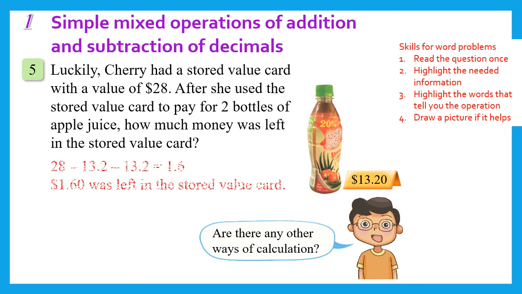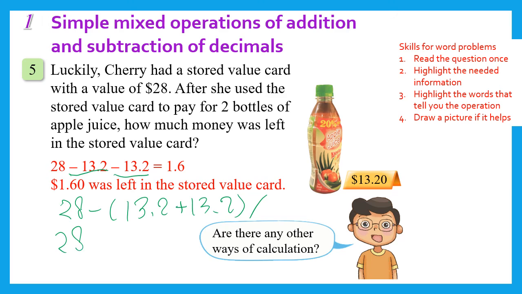Of course, yes, because you can do the subtraction one by one. You can write 28 minus open bracket 13.2 plus 13.2, or write 28 minus 13.2 and one more minus 13.2. They are the same.